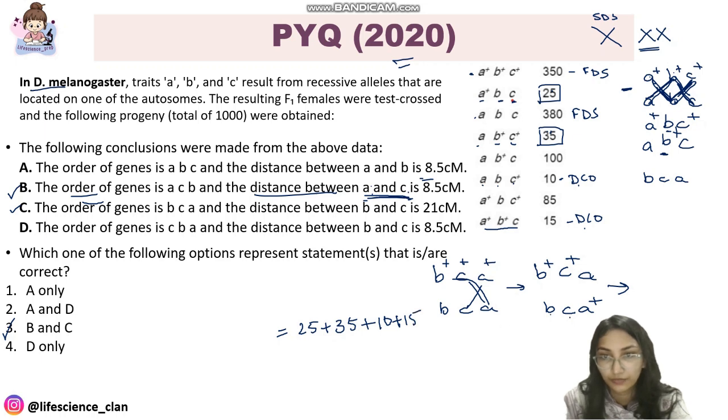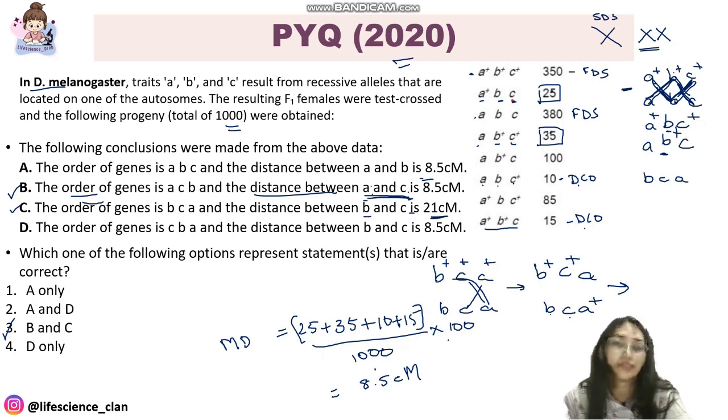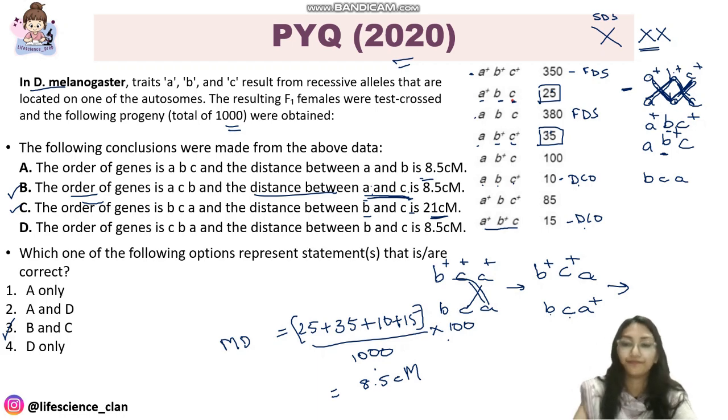Plus 10 plus 15 upon the total number of progeny, which is 1000, into 100. Okay, so this is our formula to find out the map distance: total number of recombinants upon the total number of progeny into 100. So these are all the recombinants that we have. And the answer will come up to 8.5 centimorgan. You can check for the next one between B and C whether it is 21 centimorgan using the same formula.